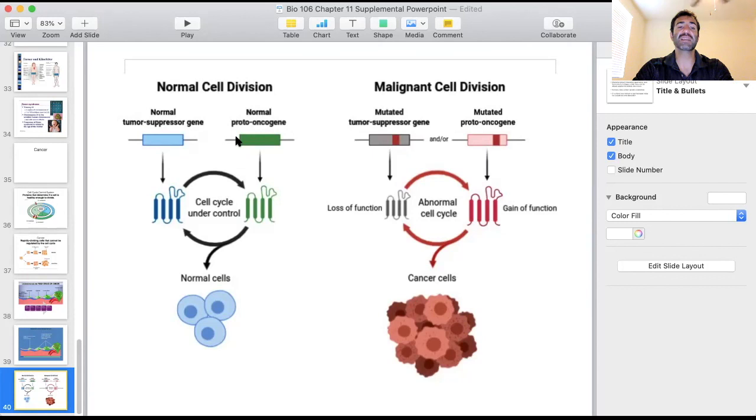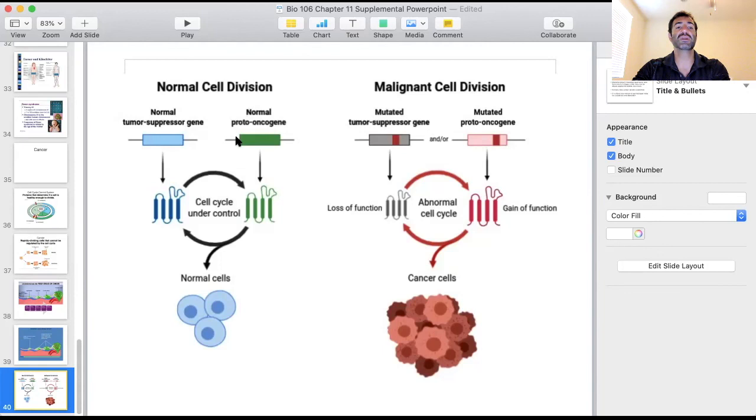But if a mutation occurs, which could either be caused by environmental conditions or genetic conditions, this proto-oncogene will actually have a gain of function, meaning that it's actually going to work even better, work even faster, and it's going to improperly tell the cell to keep on dividing. So this is going to actually tell the cell, hey, keep on going, keep on going, don't stop, keep on dividing.